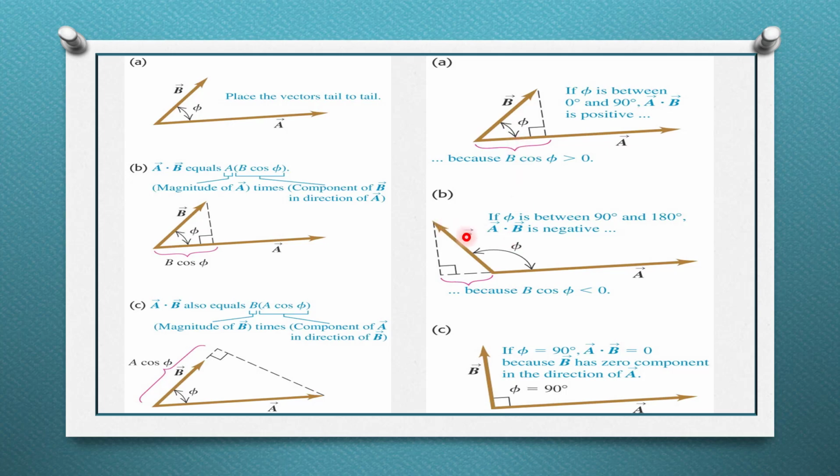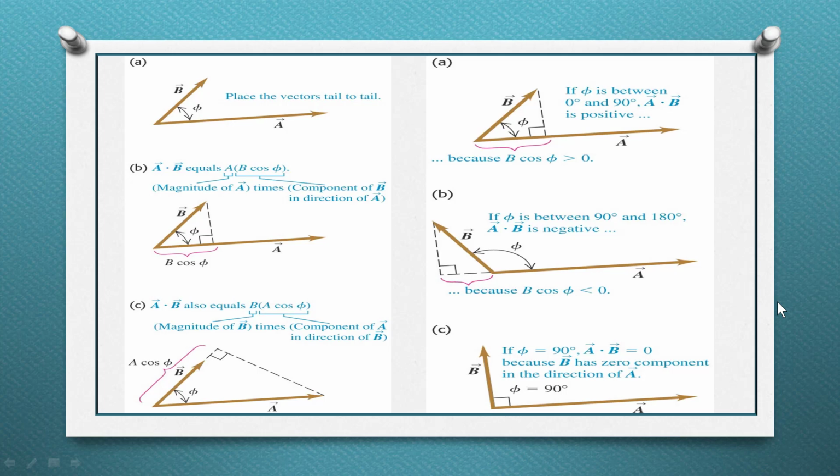If the angle is between 90 and 180 degrees, the dot product is negative, and if the angle is exactly 90 degrees, then the dot product will be 0. We have discussed all these things in the previous lecture.